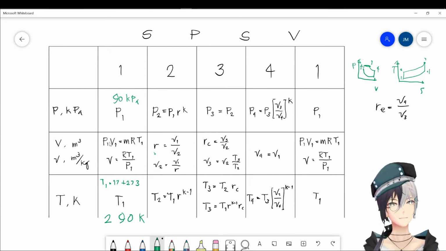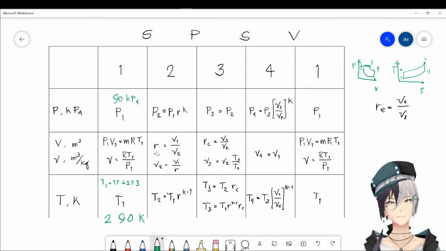When this equation is divided by mass, volume per unit mass, that is specific volume. Solving for specific volume is like this, RT over P. If volume is given, then you use this one, so this becomes volume 1 over volume 2. I hope I am clear with that one.